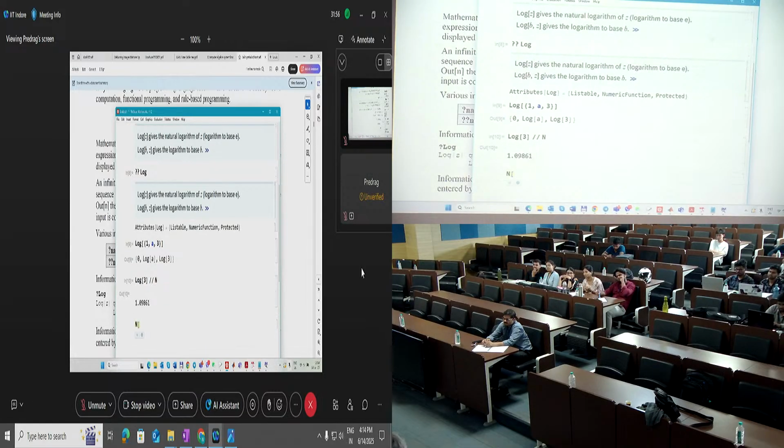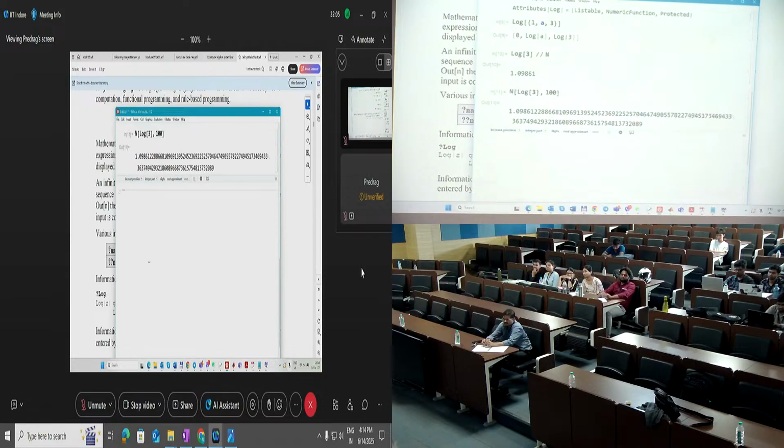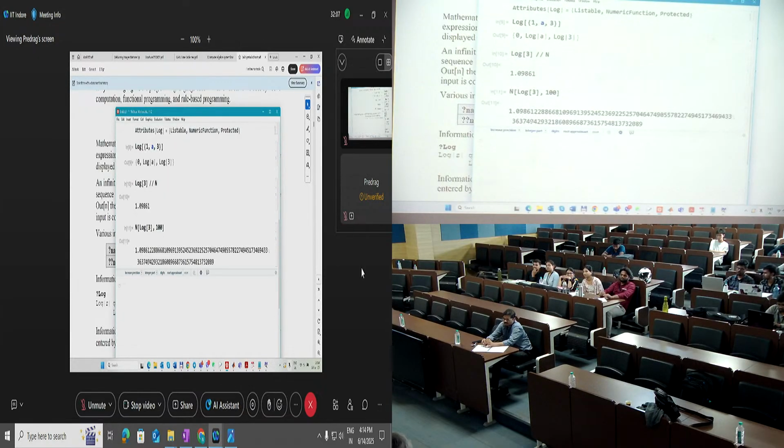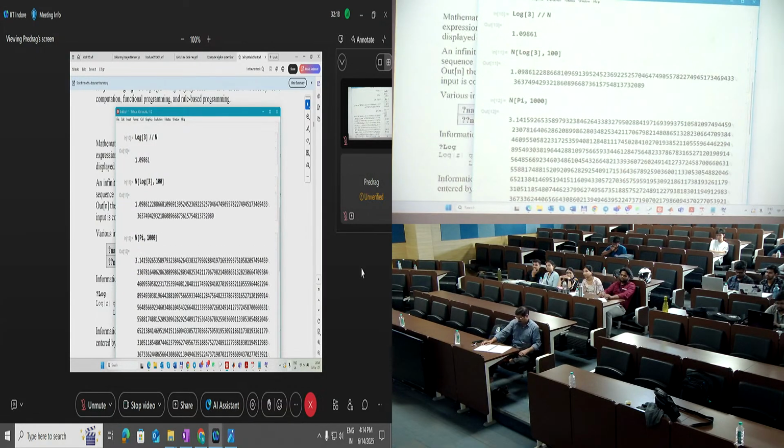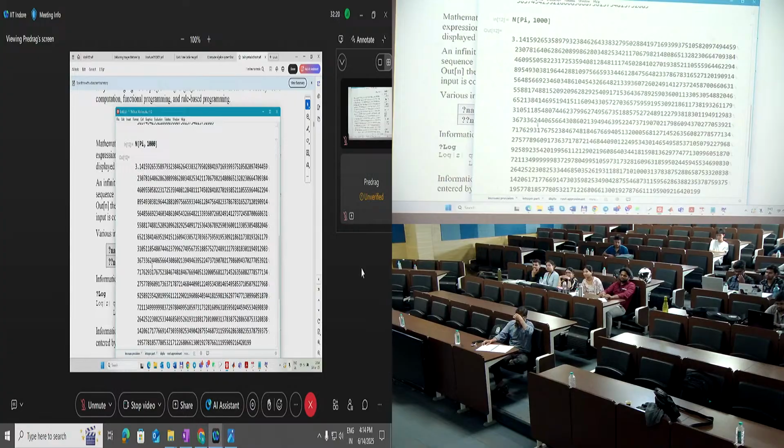Give me log of 3 with 1,000 decimal digits. Give me the value of pi in 1,000 digits. N of pi, 1,000, really powerful tool, very useful for mathematicians.